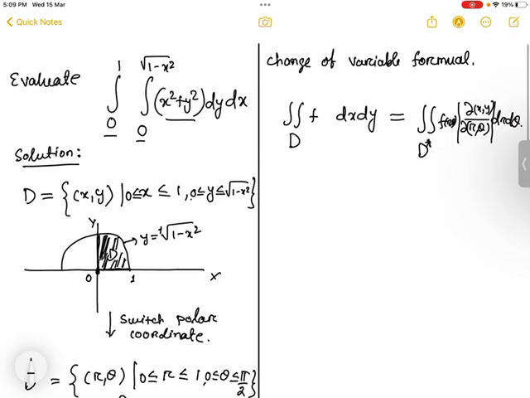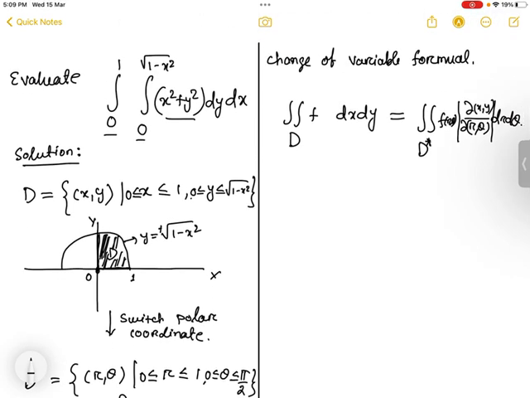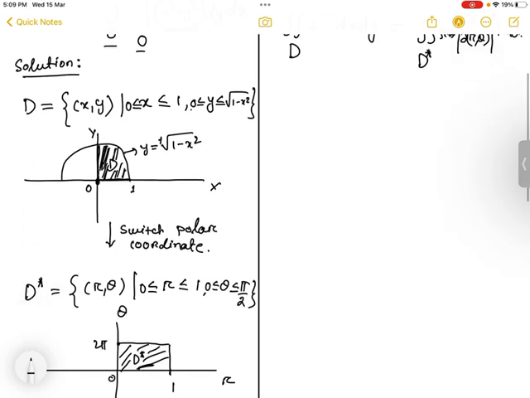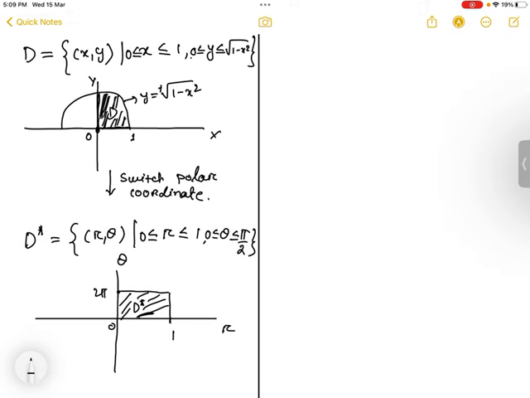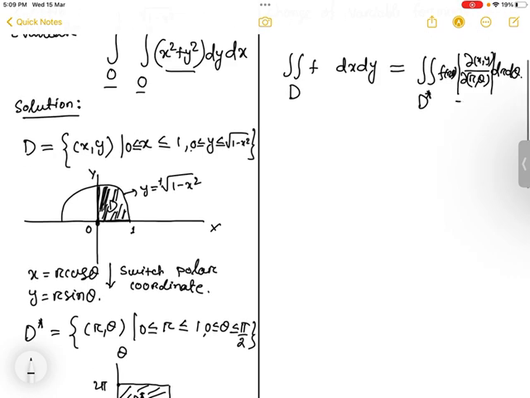So now you see this one, we changed our switch to polar coordinates. What we have done here is x equal to r cos theta and y equal to r sin theta, right? So first we will calculate this factor, the Jacobian. What we will get is ∂(x,y) divided by ∂(r,θ).